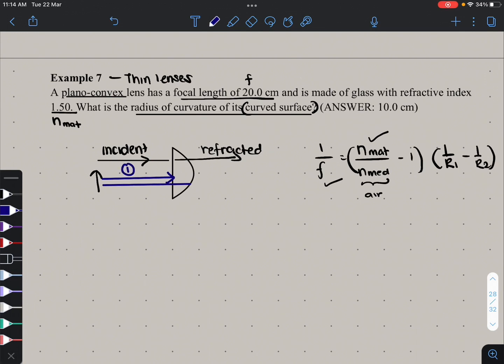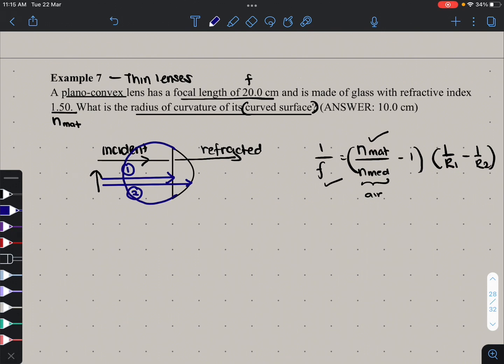And the second surface that the incident ray will encounter is the surface that comes from this circle.